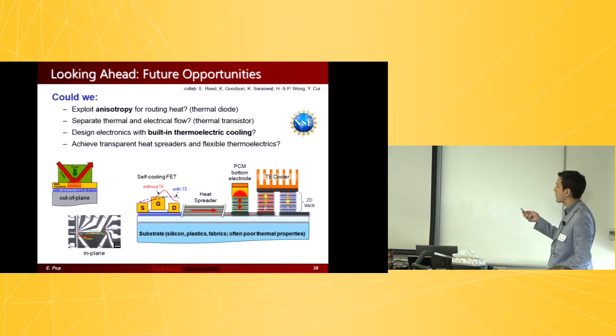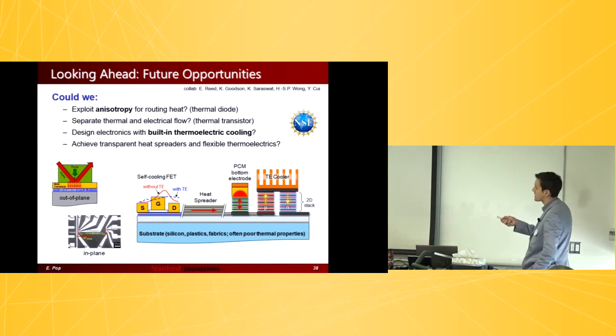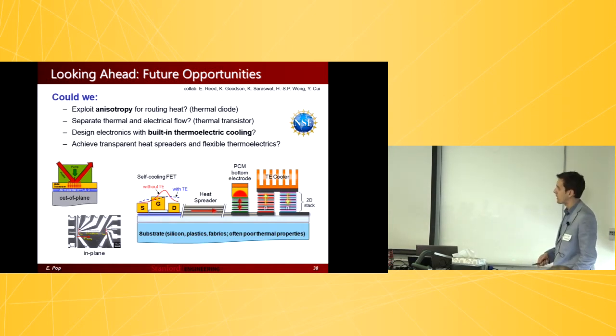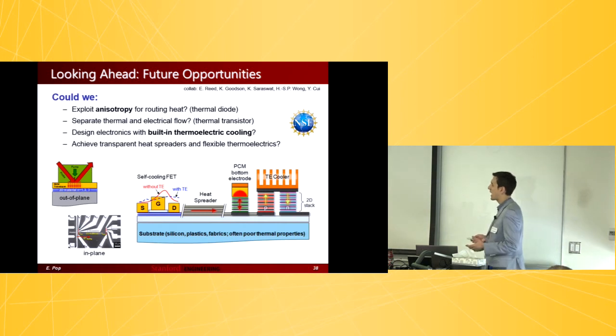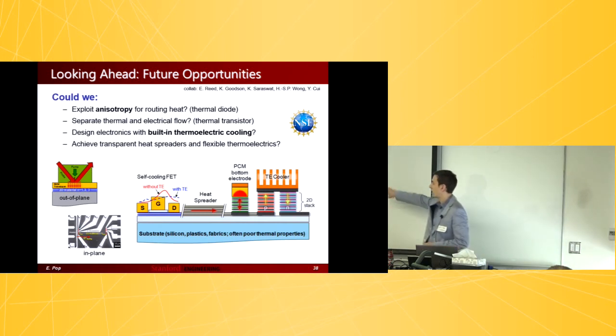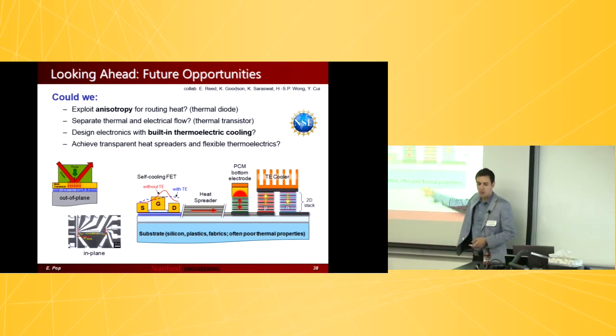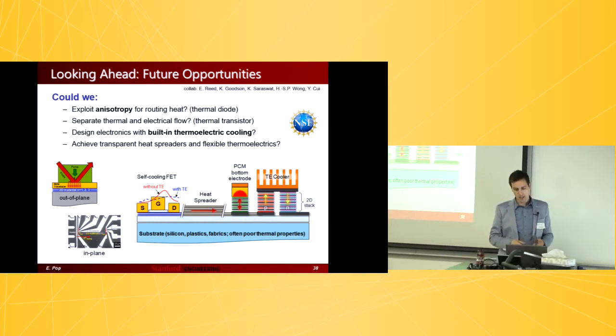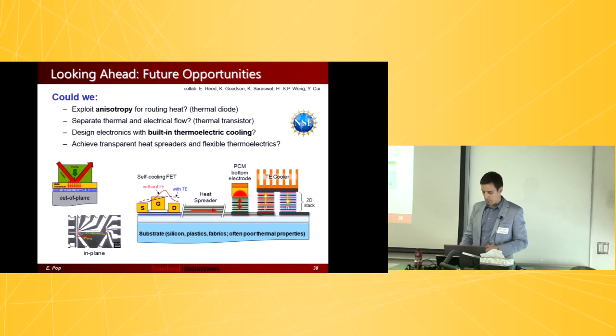We have a little NSF program, an NSF EFRI, that's built around these ideas. Some of the ideas are: how do we exploit anisotropy? How do we leverage this built-in thermoelectric cooling? Can we do something really wacky? By the way, what I showed right here is what I call a PowerPoint device, right? This is wishful thinking of some of the devices we could build, but we'll see if we can build them.